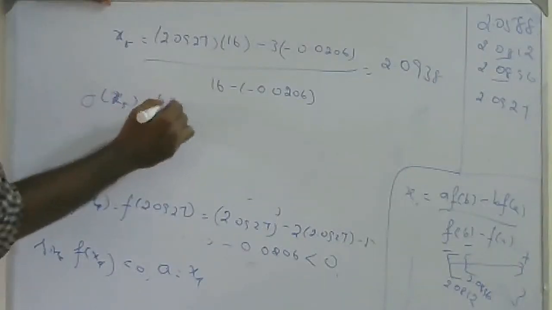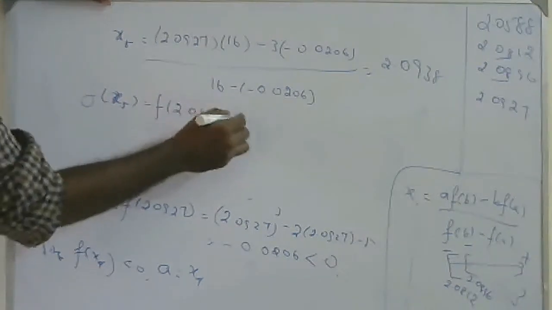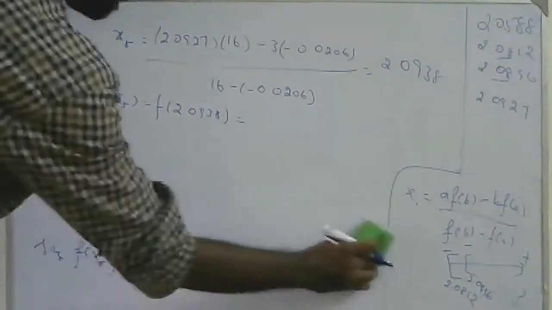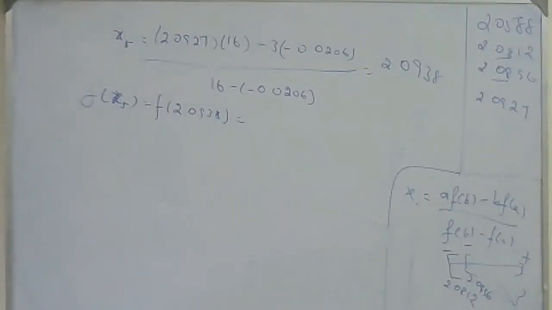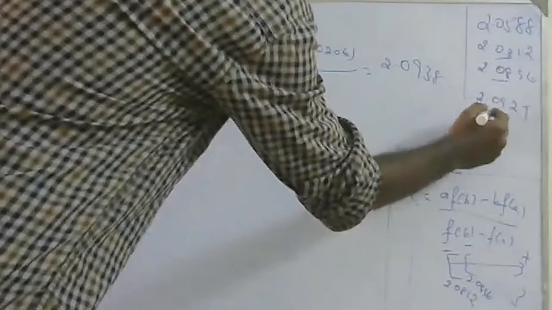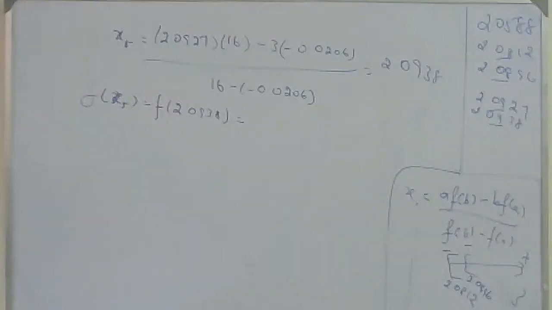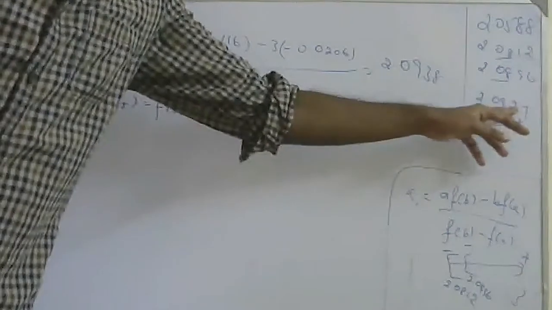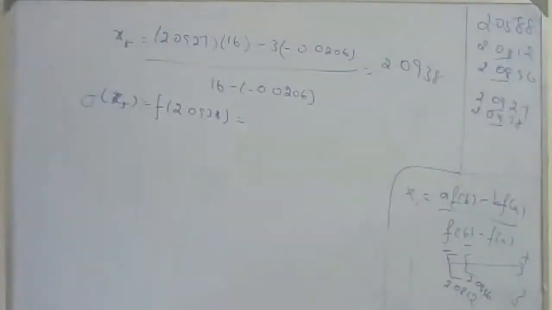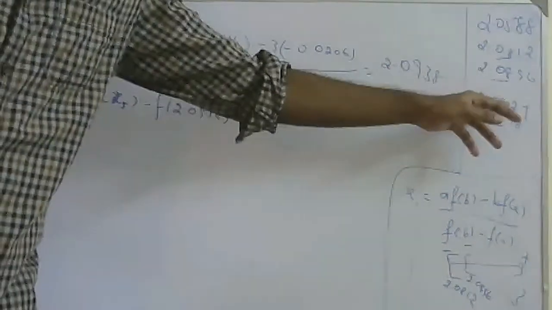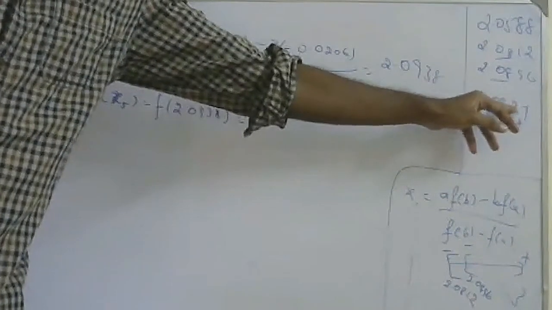That is f of 2.0938. It's close. You can take the 2.09 as 2.094, rounding off. So the third decimal place is 3, it's 4.